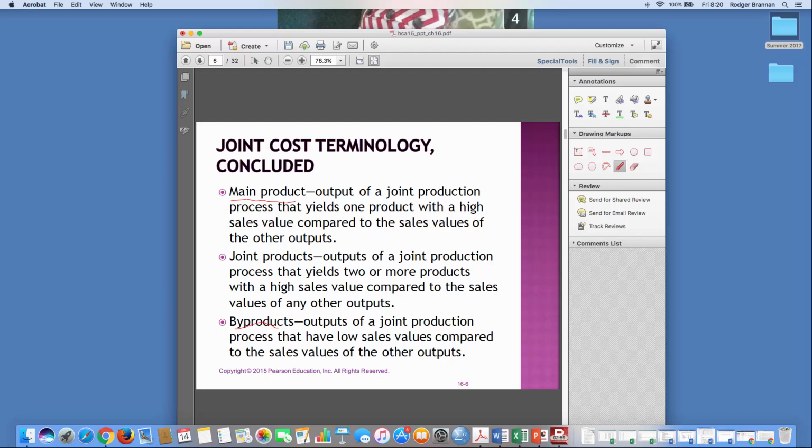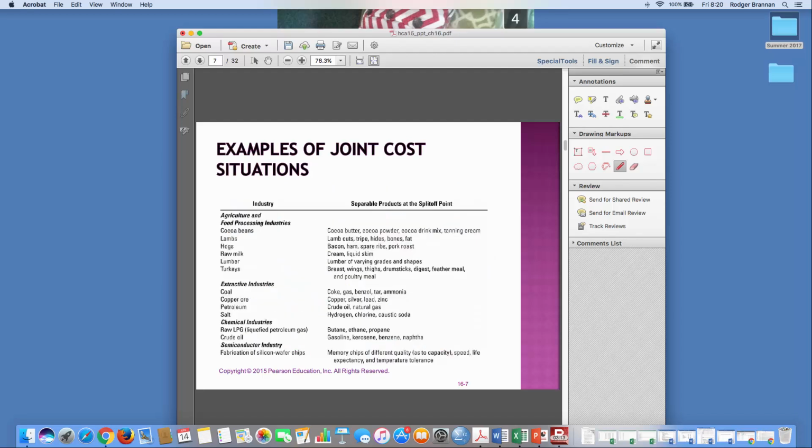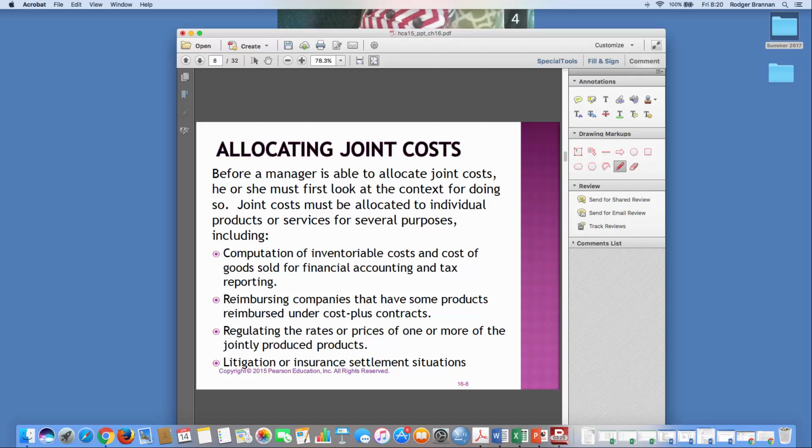In many cases, the company is just happy to recover whatever the cost might be, or, if nothing else, to dispose of it by the least cost method. And here are some examples of the types of industries, a fairly extensive list. Joint production costs are fairly common in many instances.